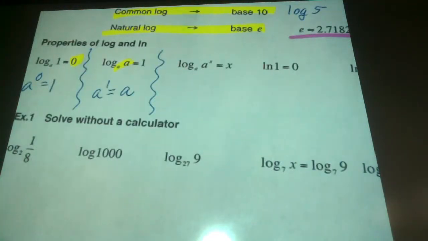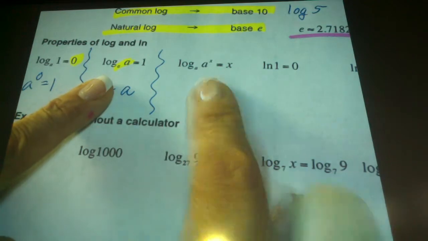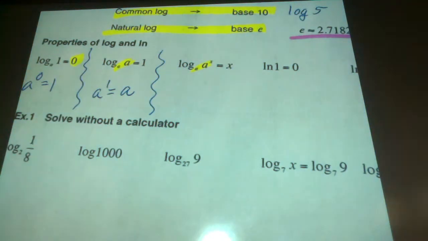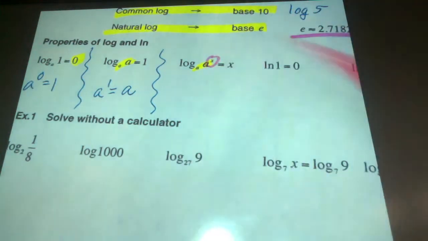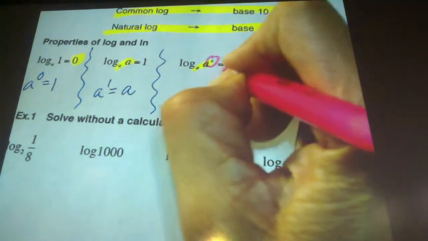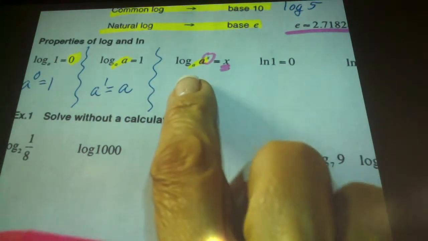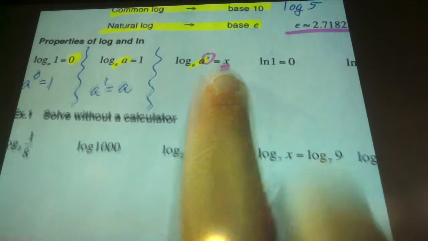So then the next one, what's the difference between these two? Yeah, they both have the same base and the same number that we're given the log of, but the second one here now has an exponent of whatever number, in this case it's x. So whatever that number is, that's what the answer is going to be. Whatever the exponent is, when the base and the number you're taking the log of are the same, whatever that exponent is, that's the answer.